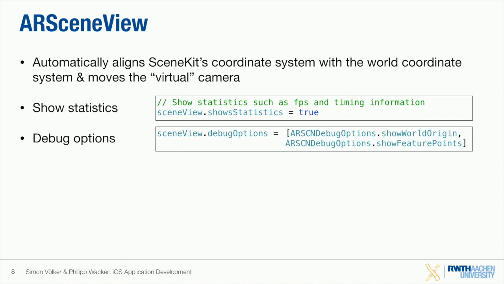Because sometimes you place things and the phone started in a different orientation, so your camera system looks a little bit different than you expect. Showing the world origin really helps figure that out. And also to show the feature points that the system is tracking or seeing. It uses these feature points to determine where surfaces and elements are, and stuff like that.